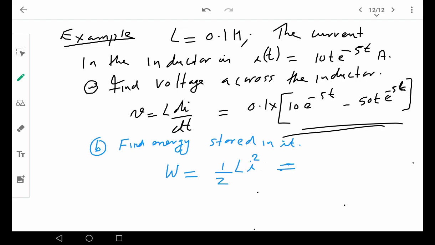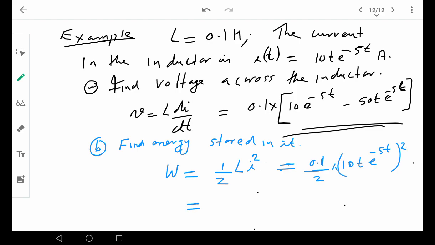That is 0.1 divided by 2, into i square. i square is 10t e raised to minus 5t, whole square.